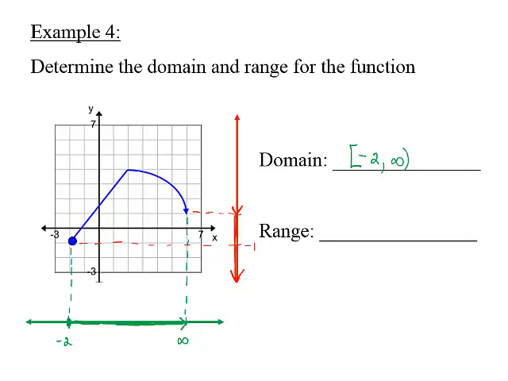It does have a topmost point. The topmost point is 1, 2, 3, 4. And that's included in my graph, so I'm going to put a closed circle. So we really have a bracket at 4 continuing down to -infinity. So the range is -infinity to 4. Always write the range and domain from smallest to largest.